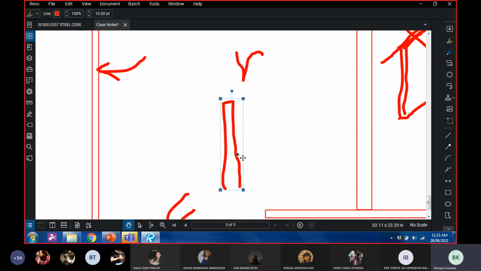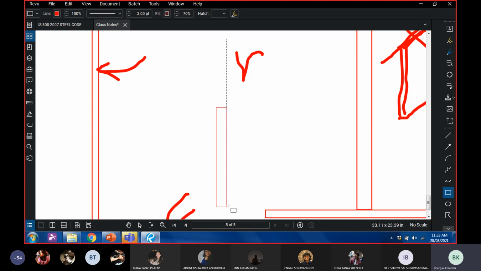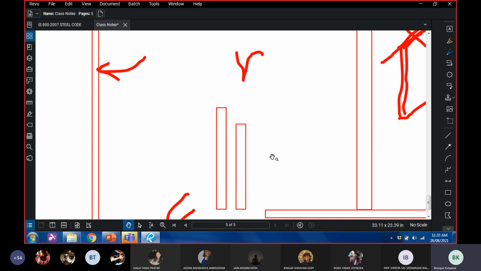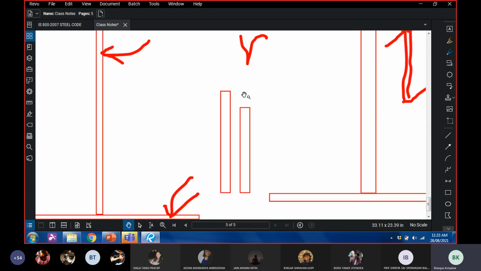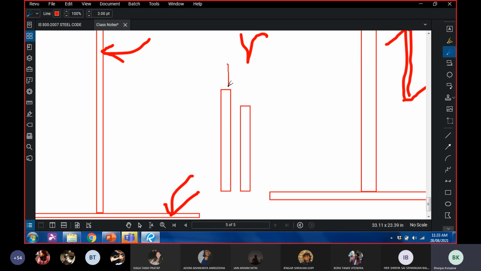If this is the original length of the member, and this is the length of the member just before it undergoes squashing, there's a deflection along the line of action of force. Now, how is the force applied? The force is applied like this. So the deflection is in the direction of force.